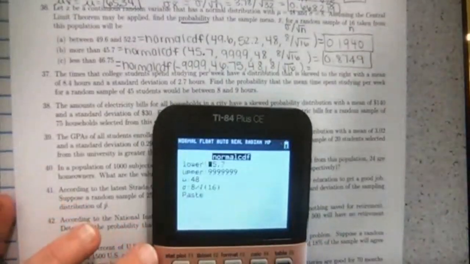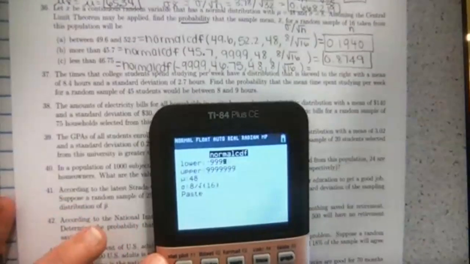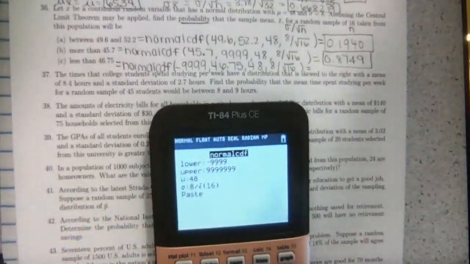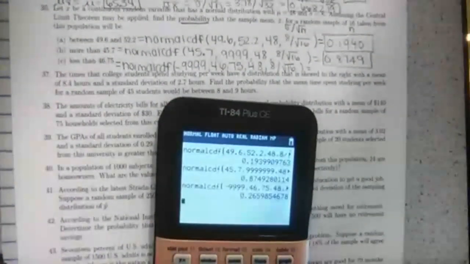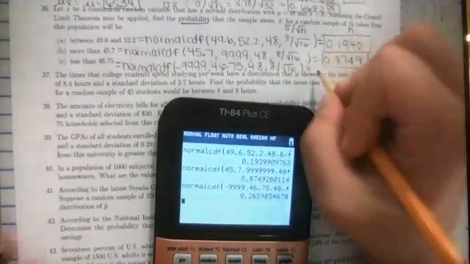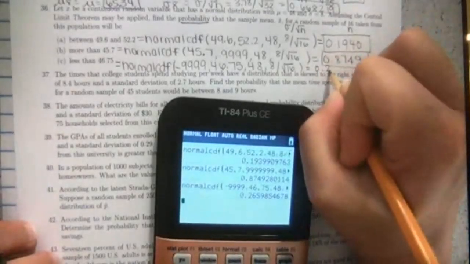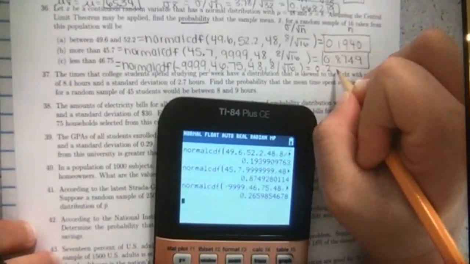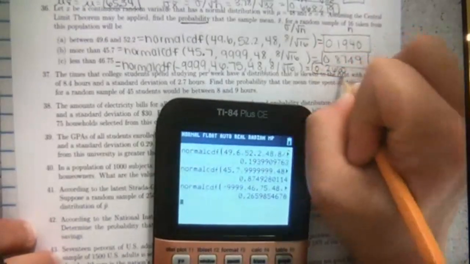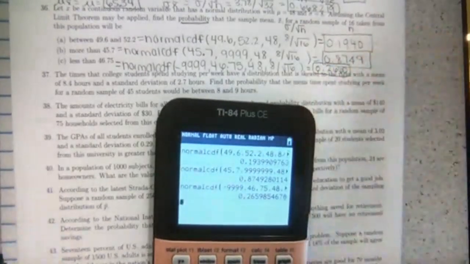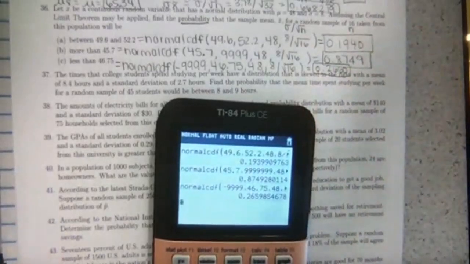Second VARS, normal CDF, my lower limit's negative infinity, so negative 99999. My upper limit's 46.75. My mean is still 48. My standard deviation is still 8 divided by the square root of 16. So there's my answer, 0.26598, so 0.2660.